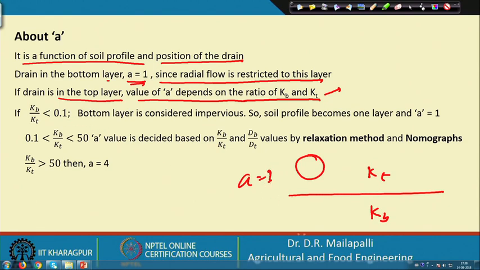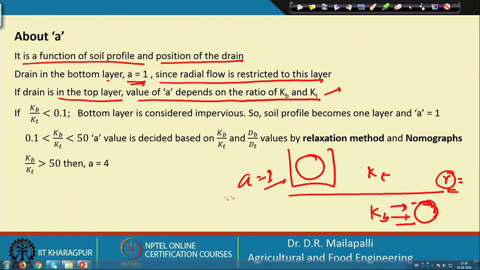Whereas if the drain is at the bottom layer, mostly the horizontal flow is influencing, the radial flow won't be an issue here, so A is equal to 1 in that case.